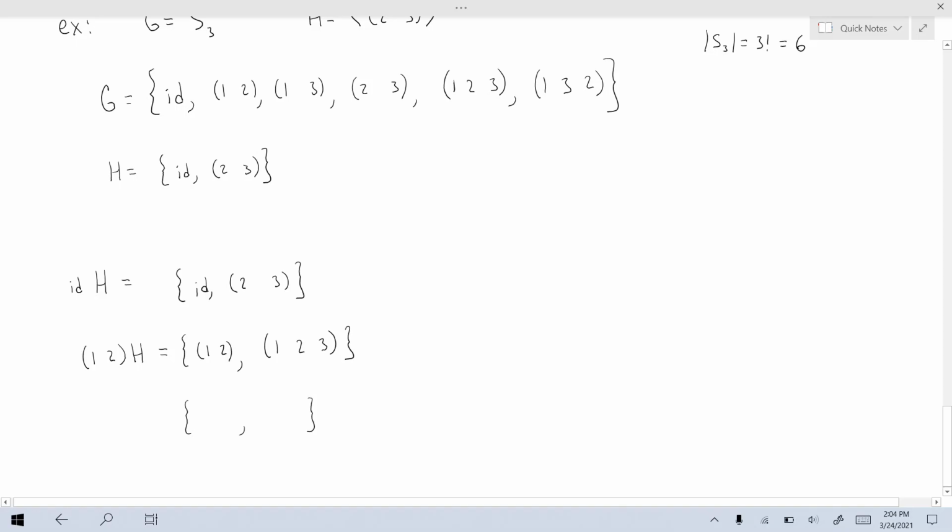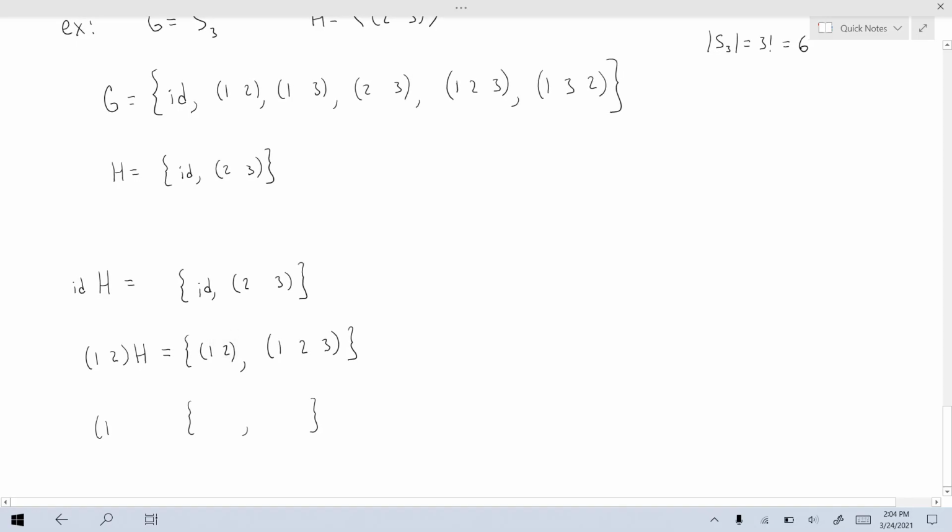Now let's take another element of G that's not listed yet. We have (2 3) and (1 2), but we are missing the last transposition (1 3). So multiplying H on the left by (1 3) will give us the last left coset.